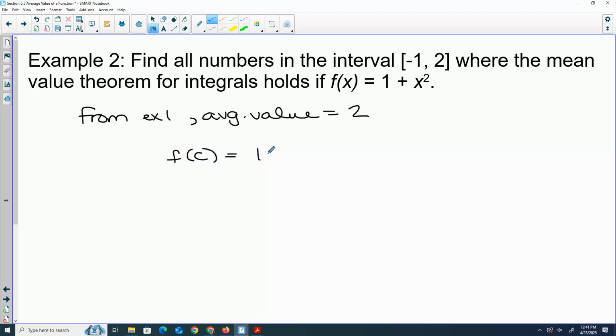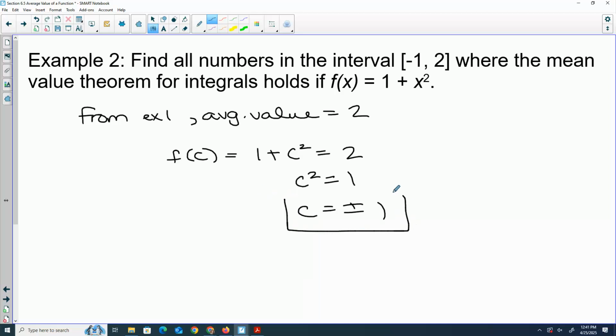It doesn't really matter if you call it c or not. We want to know, when does this equal 2? So when c squared equals 1, c is plus or minus 1. Quick check, are both of those in the interval? Yes, so they both work. Now it's possible that only one of them was, in which case you would only give me that answer. So we found on this one it had 2 times when it was actually equal to its average value.